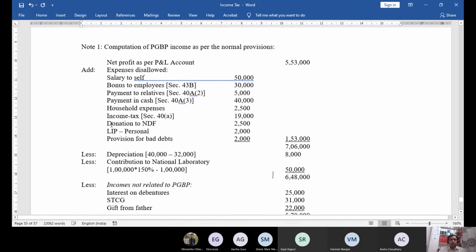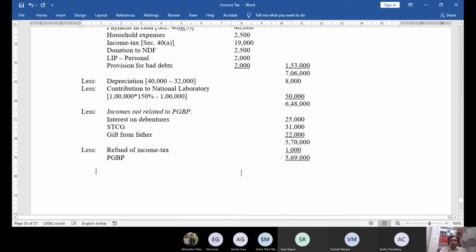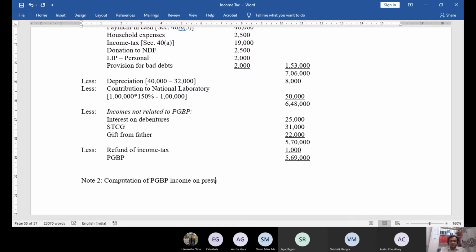But note 2. What is note 2? Computation of PGBP under presumptive taxation. Remember section 44 AD.